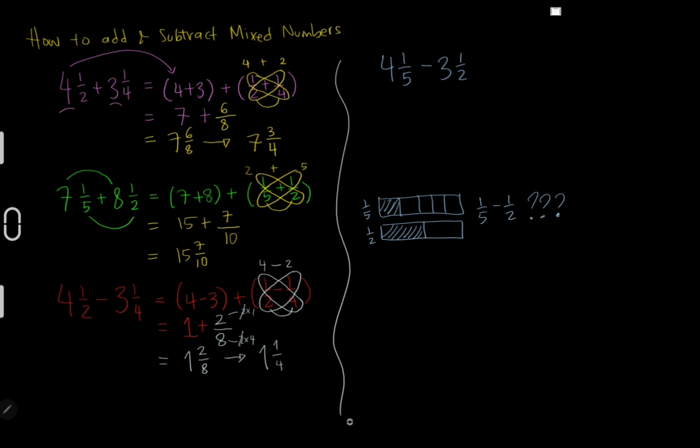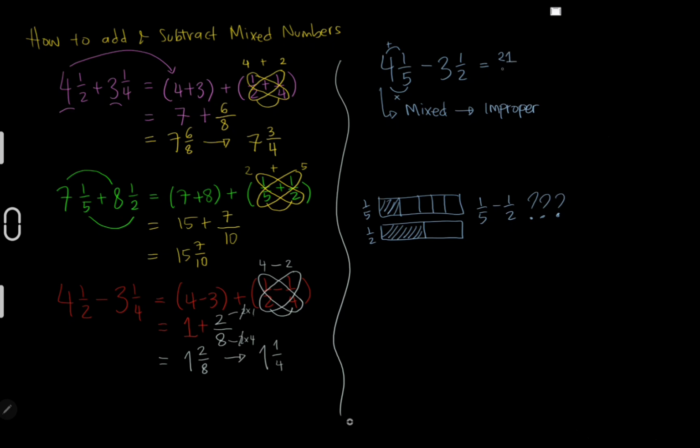We're going to borrow. That's why for this case, we're going to have to change the mixed number into an improper fraction first. So this time we're going to do it first. 4 times 5 is going to be 20. 20 plus 1 is going to be 21.